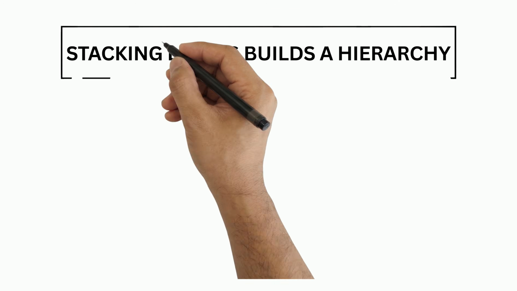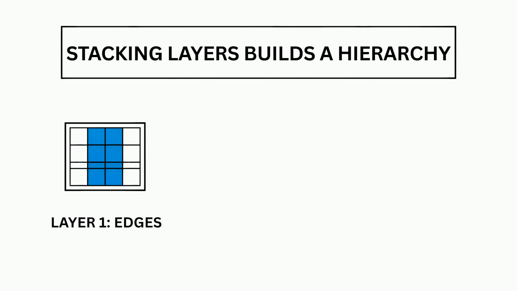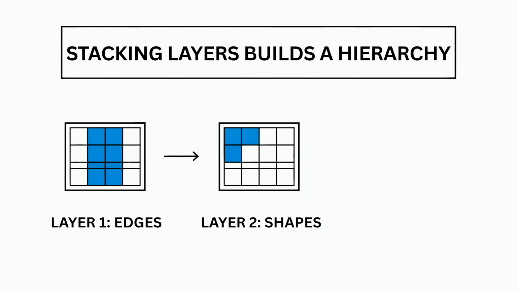A single convolutional layer only sees simple patterns, so CNNs stack many of them, just like the hidden layers in deep learning. The first layer's feature maps, edges, and textures become the input to a second convolutional layer. That second layer combines them into more complex shapes, like curves and corners.